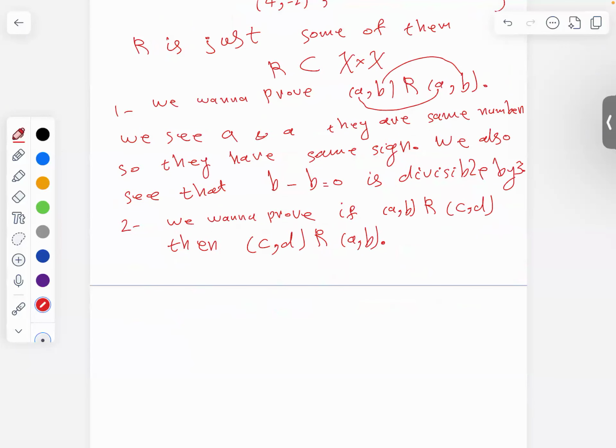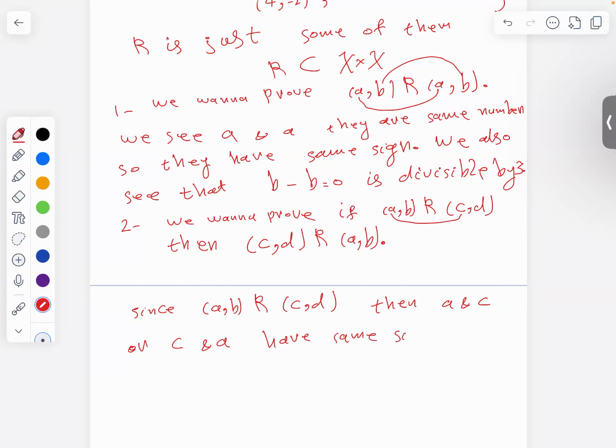From here, we see that A and C have the same sign, so C and A have the same sign.